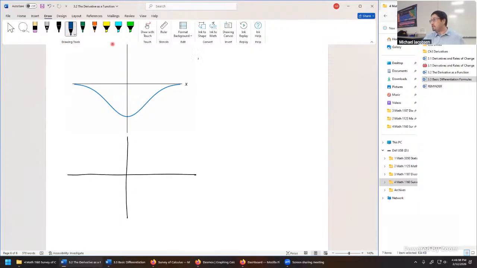So we'll call this y equals f of x. We want its derivative, y equals f prime of x. But this is the mantra that helps us think about the geometric connection and how we plot this.